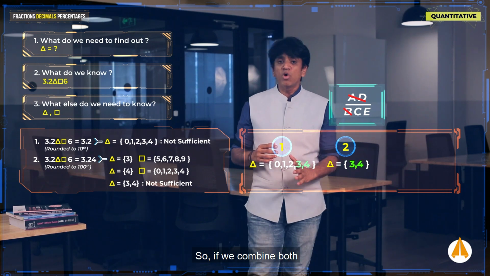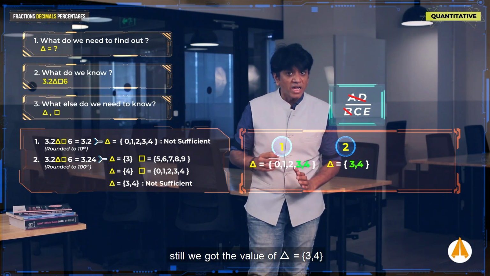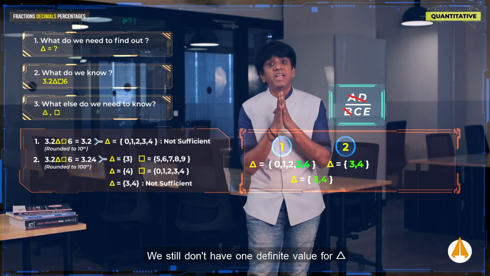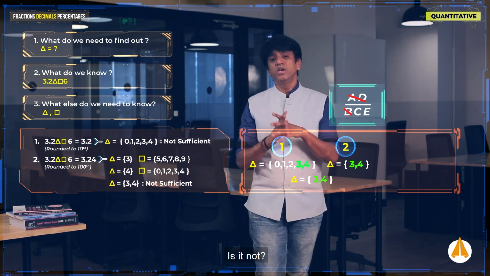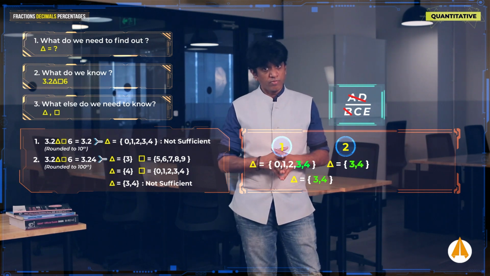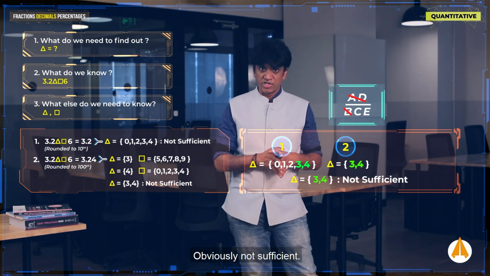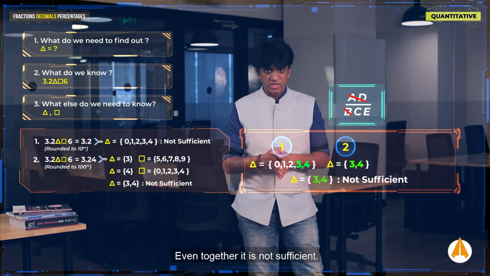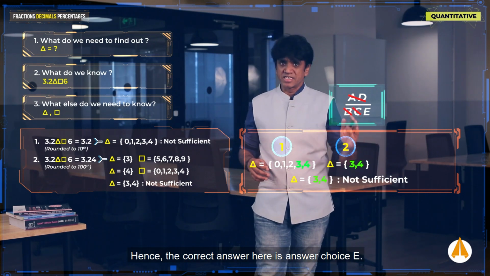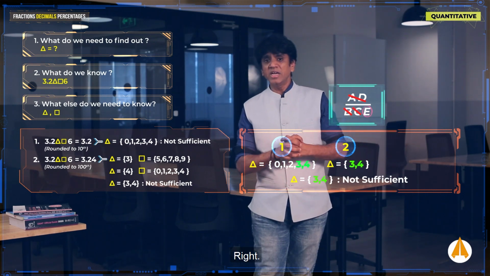So if we combine both, we still get the value of triangle as 3, 4. We still don't have one definite value for triangle. So tell me whether this is sufficient. No, it is not. Obviously not sufficient. Even together it is not sufficient. Therefore, we knock off answer C. Hence, the correct answer here is E. Right? Is that clear?